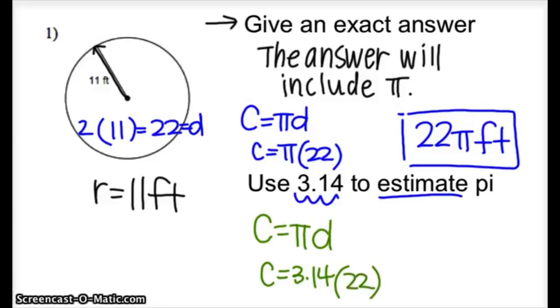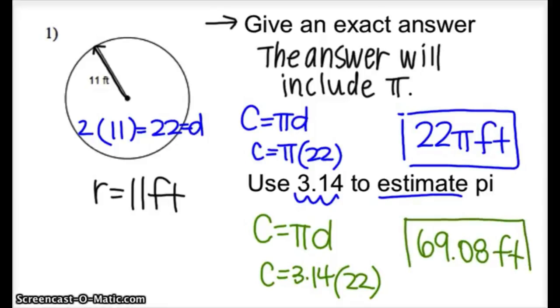So I'm actually going to multiply these 2 things together. And 22 times 3.14 is going to give me 69.08 feet.